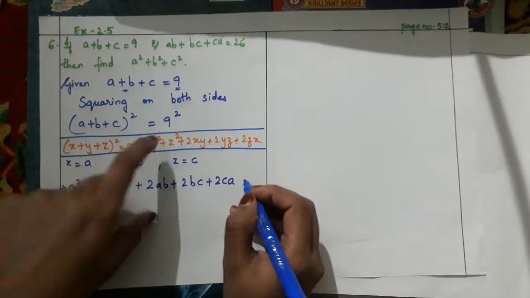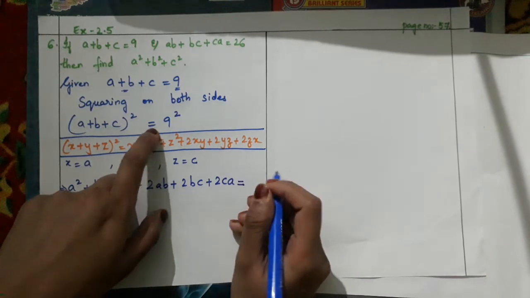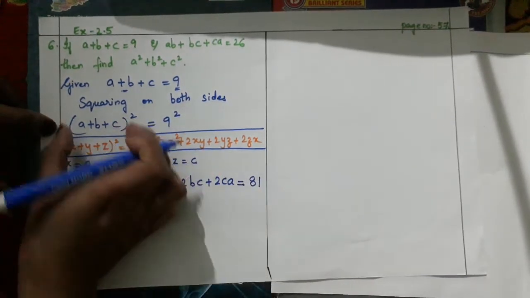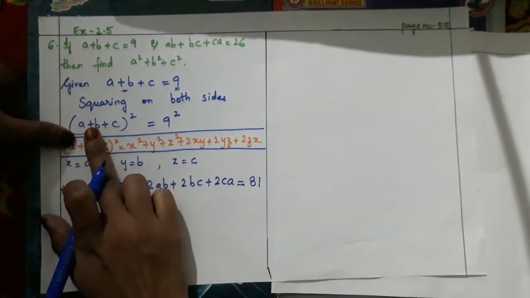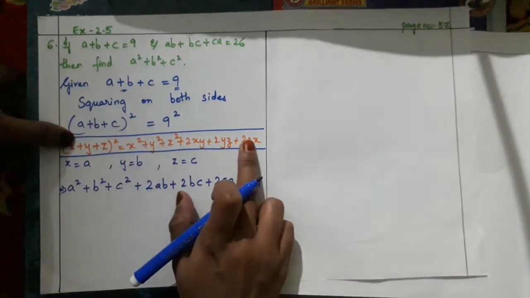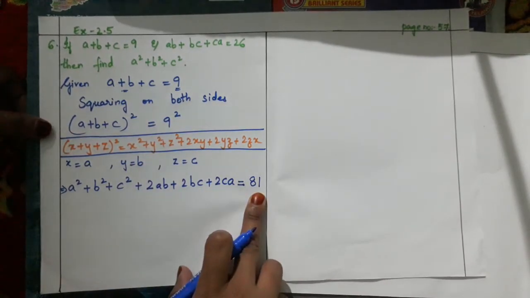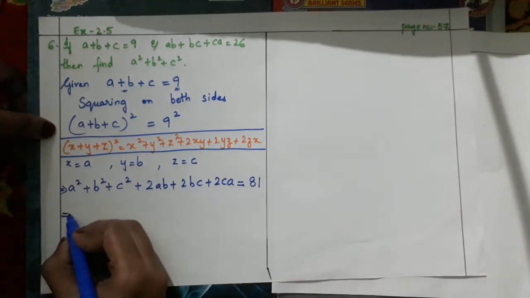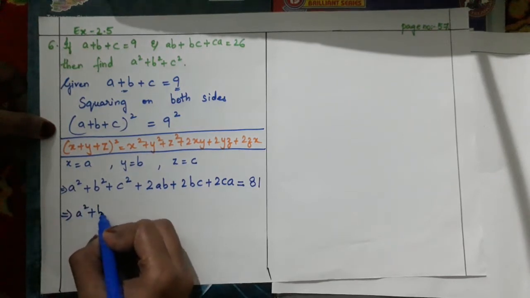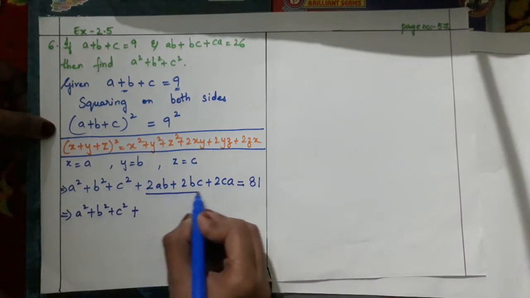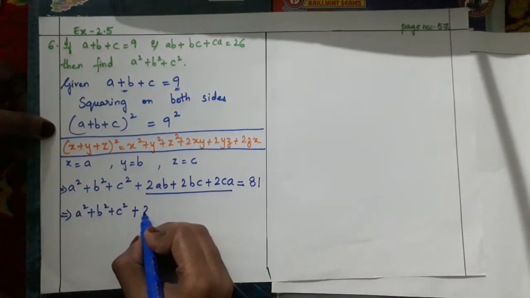Okay, now is equal to, now 9 square is nothing but 81. See here, this one is the formula. So in this place we are going to write this complete formula, then is equal to 9 square is nothing but 81. I have written. Okay, now a square plus b square plus c square plus, from these all three what is common, children? 2 is common.